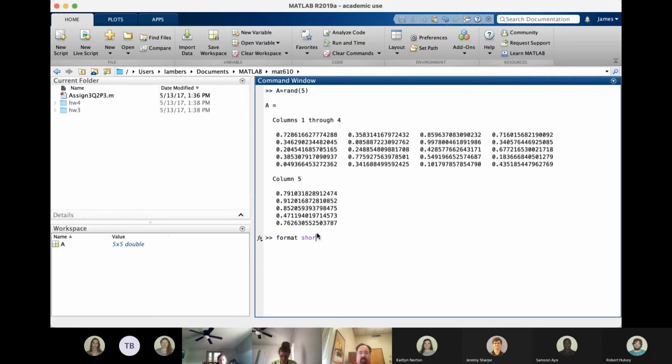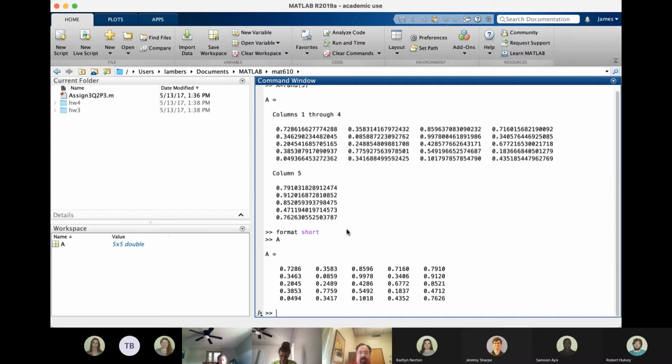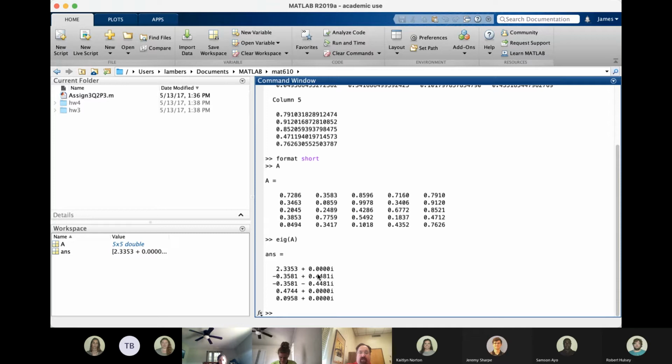Oh, actually, format short is enough. And if I look at the eigenvalues of A, we have a couple of them that are complex, so two of them are complex and the rest are real.